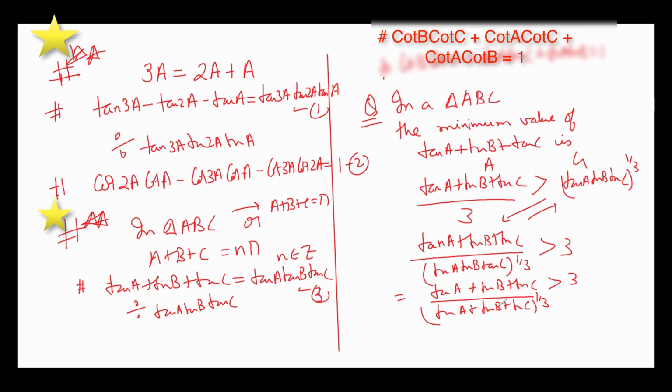So when I subtract their exponents, we are left with this. That means tan A, tan B, tan C to the power 1 minus 1 by 3 is 2 by 3, and here I get 3.